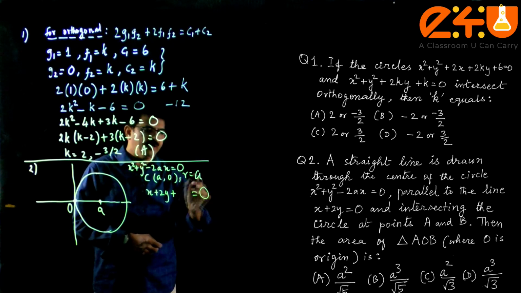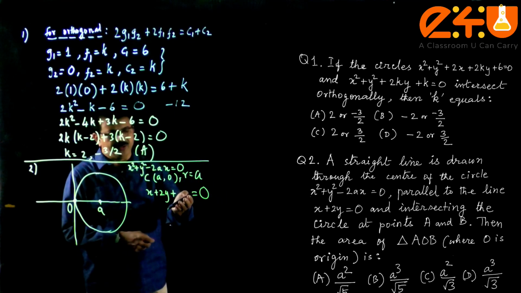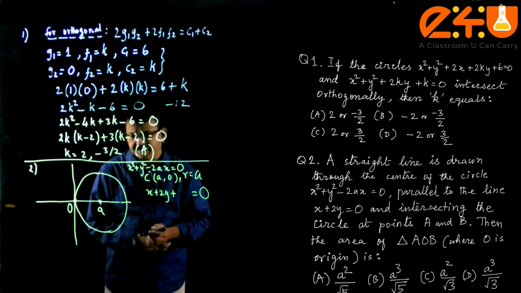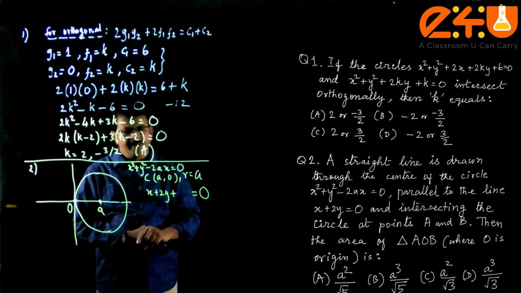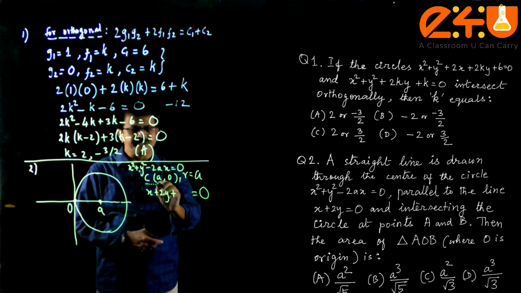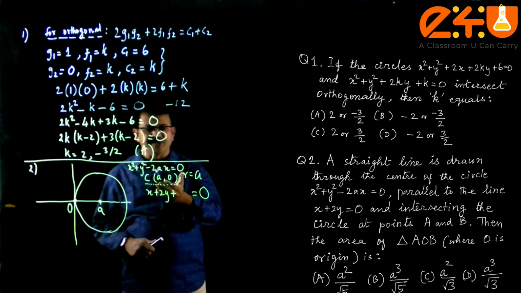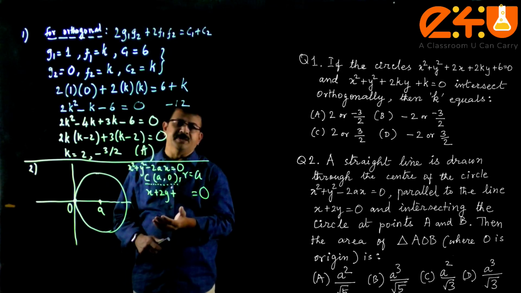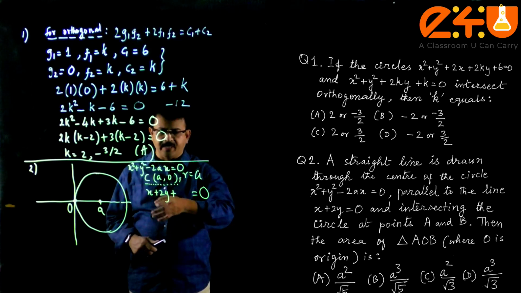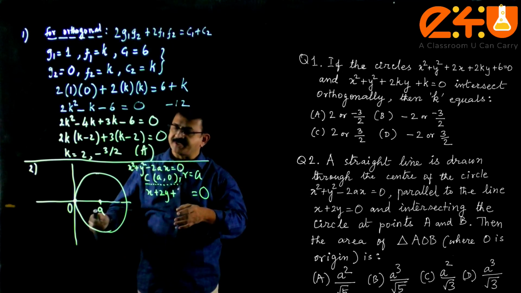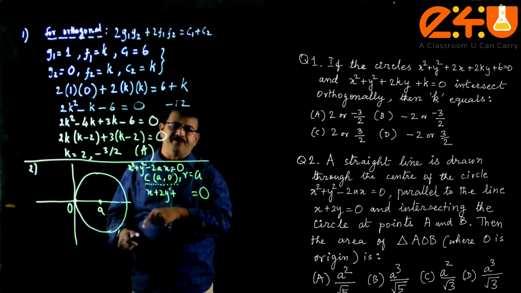I am not mentioning the constant here. Let us find the value of the constant by substituting the coordinates of the center. I hope you students understand why I am substituting the coordinates of the center in the straight line. Because you are drawing a line parallel to x plus 2y equal to 0 through the center, which means the center coordinates must satisfy it.